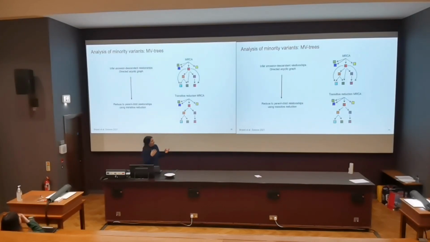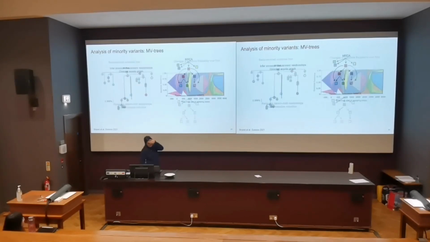And then by looking at the relative allele frequencies over time, you can actually infer how they're related to each other. And I also use a bit of graph theory called transitive reduction. But essentially what you do end up with is the subclones that are within a patient and how they vary over time, and then how they're related to each other. And you end up with a phylogenetic tree.